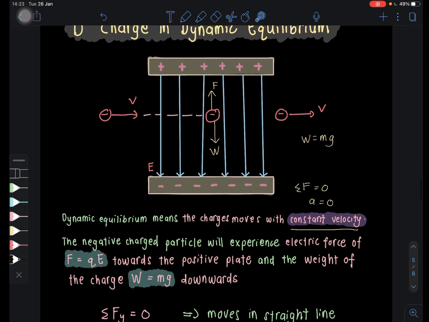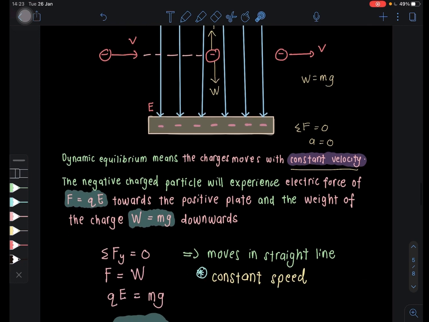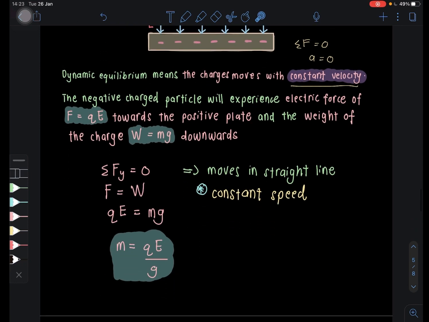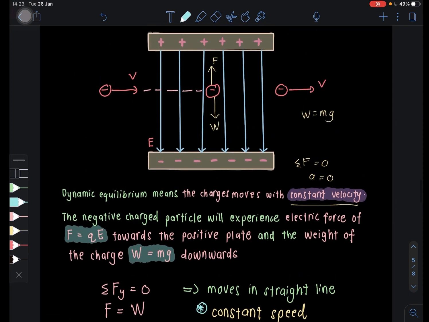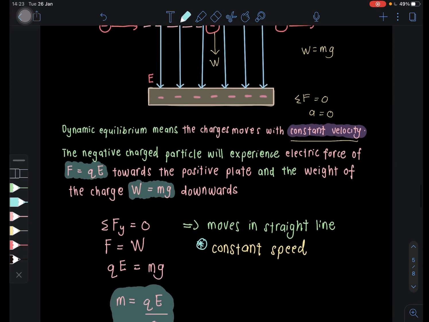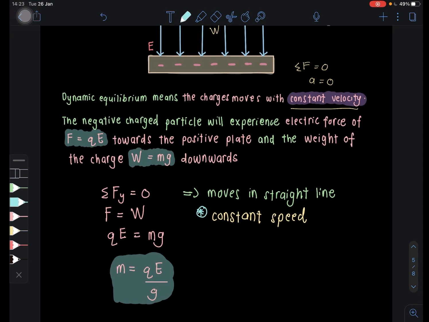Okay, so as you can see here, the negative charged particle will experience an electric force F equal to QE towards the positive plate, and the weight going downwards. It moves in a straight line with a constant speed, and we only consider the y component: F plus W equals 0.